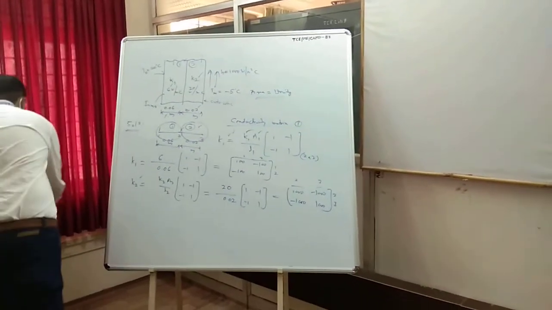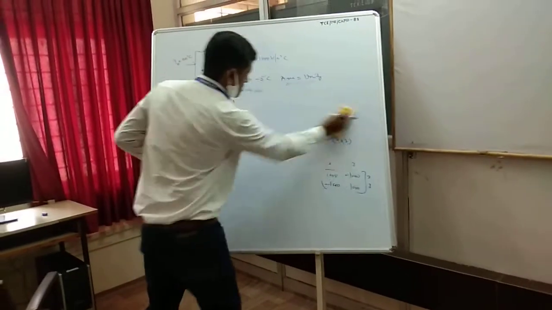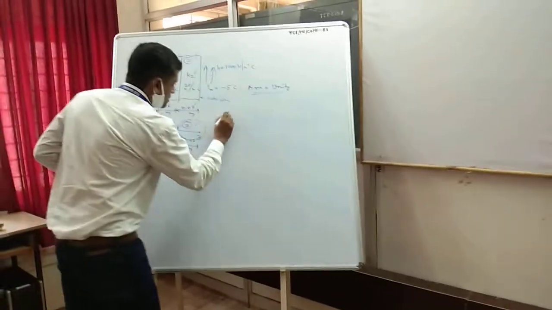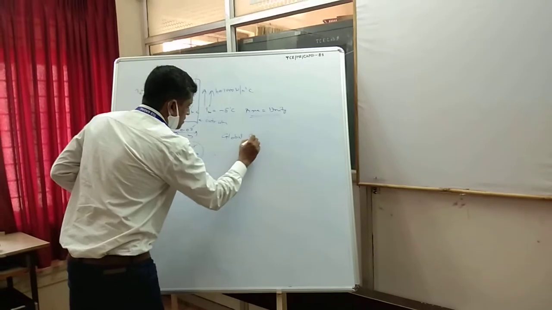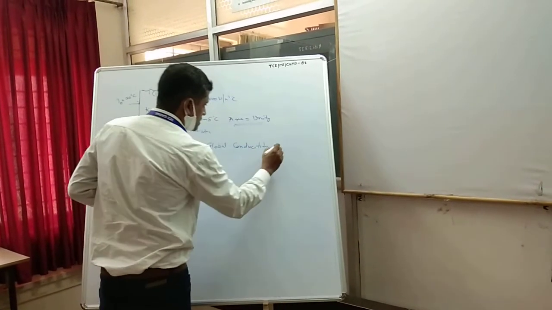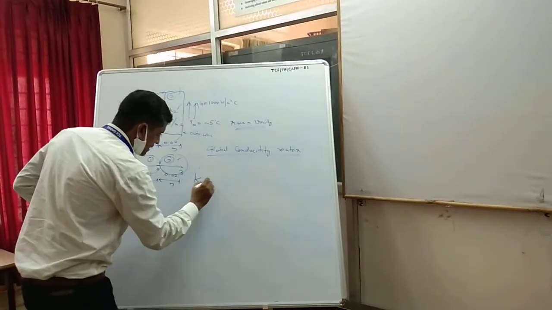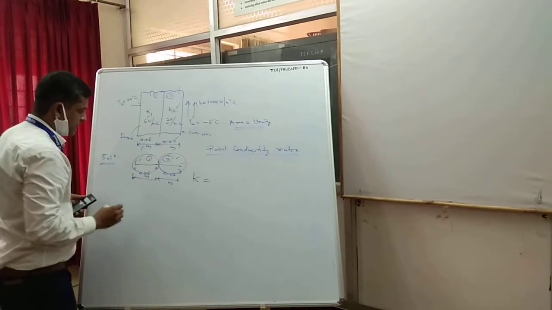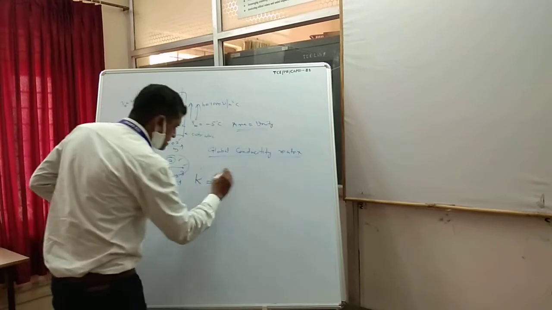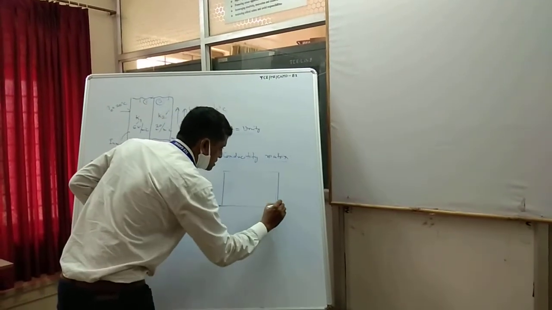Now let us find the global conductivity matrix by assembling these two element matrices K1 and K2. Now generate global conductivity matrix. Since there are three nodes, at each node 1 degree of freedom, that is the temperature, hence we got the global conductivity matrix of the order 3 cross 3.